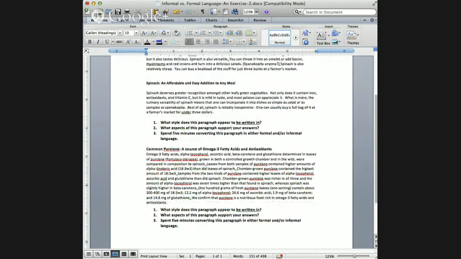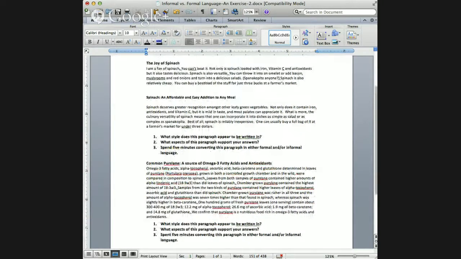Now, I also want to point out that I tried to use some transitions here, more so than were used in the original paragraph. So I added this what is more as a transition. I used best of all to sort of mark what I thought was the crux of my argument that we had been building to throughout. Here we have it, which is like a pronoun that harkens back to spinach.